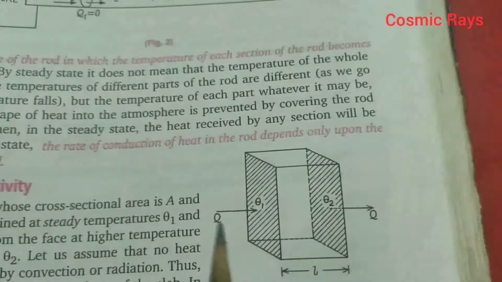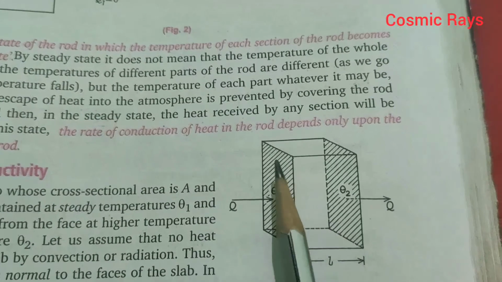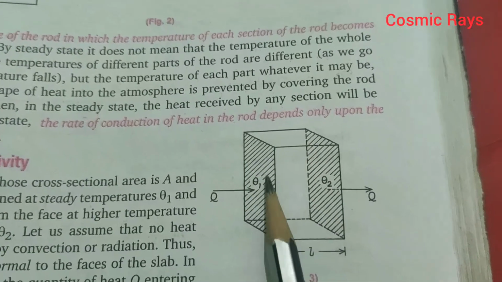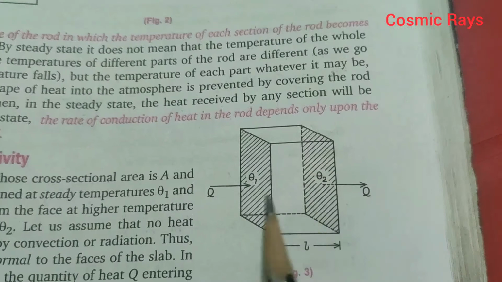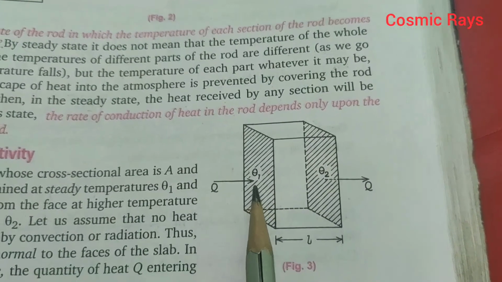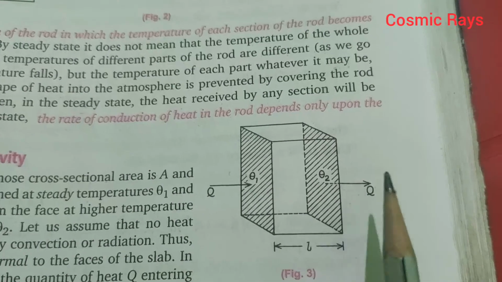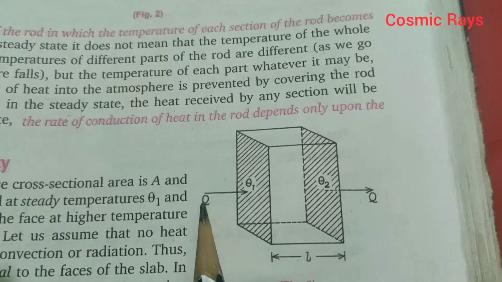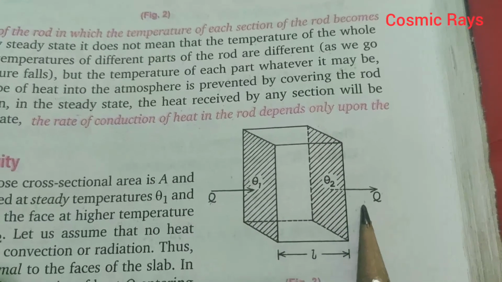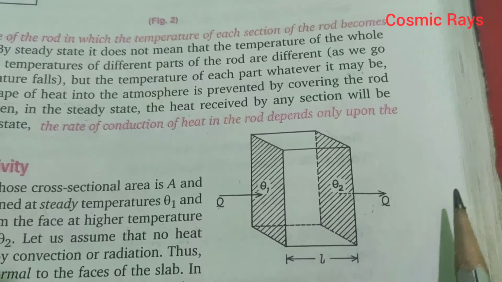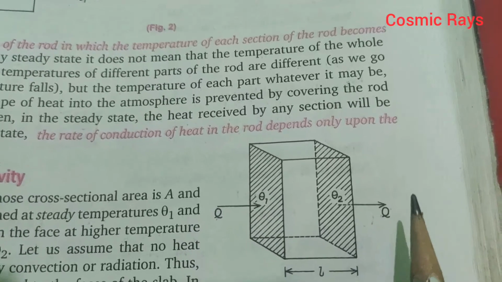So we assume that we have taken a parallel faced slab where we are giving Q amount of heat, and Q amount of heat is only leaving from the other cross-sectional area.